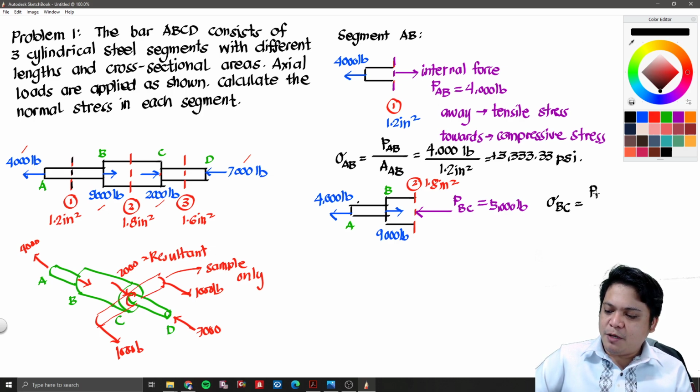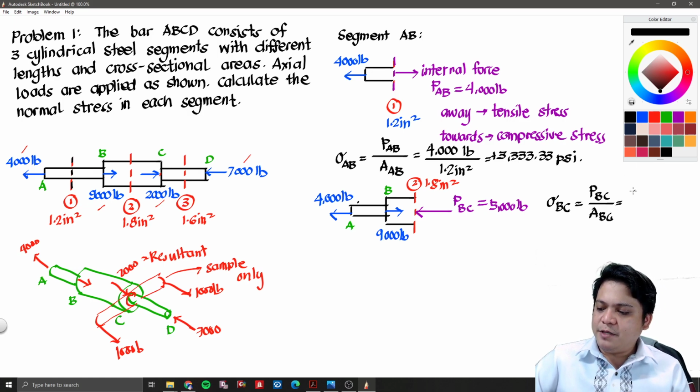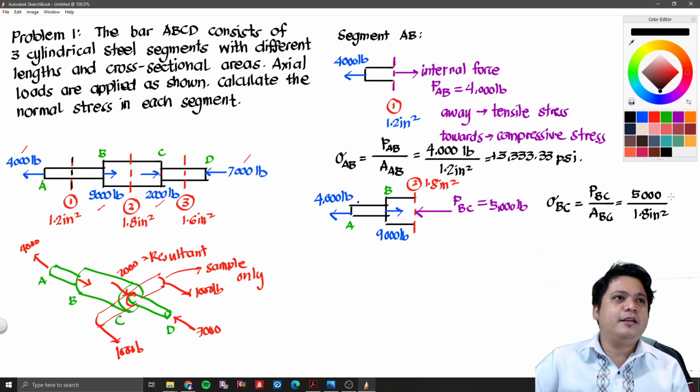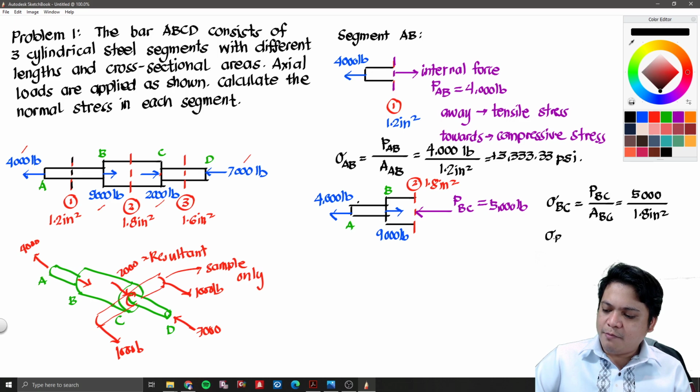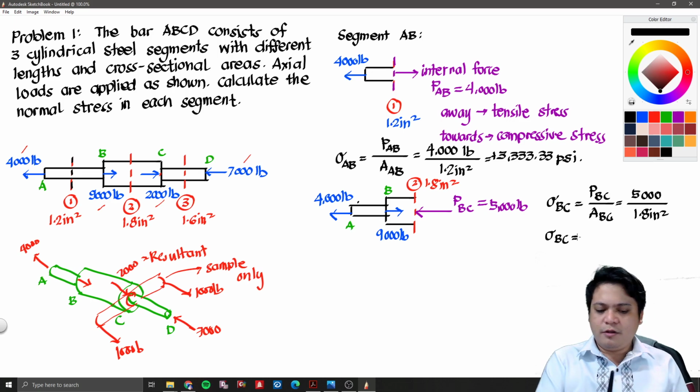And that is PBC all over the area of the BC. Ang PBC ko, it's just around 5,000 at ang area ko, it's around 1.8 inches squared. So, with this, I will now have the stress on the BC equal to 5,000 all over 1.8.